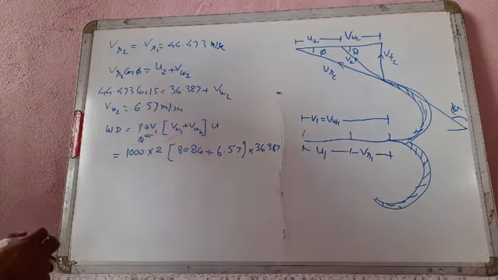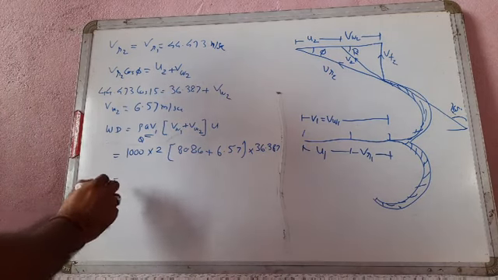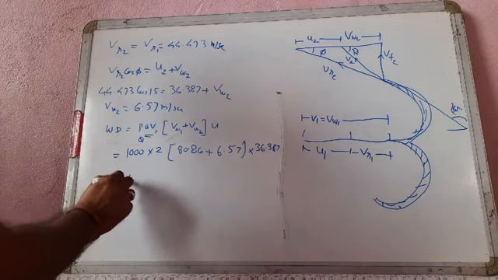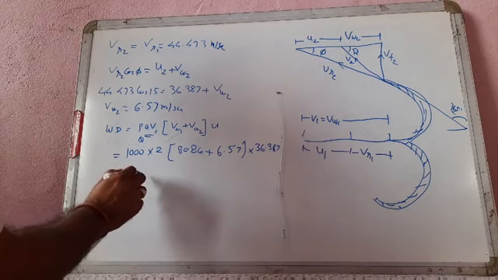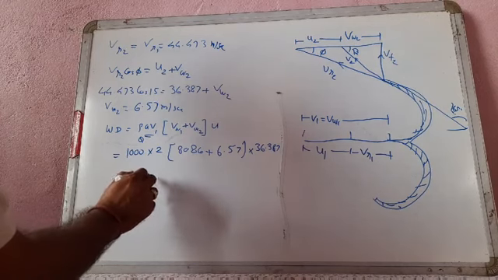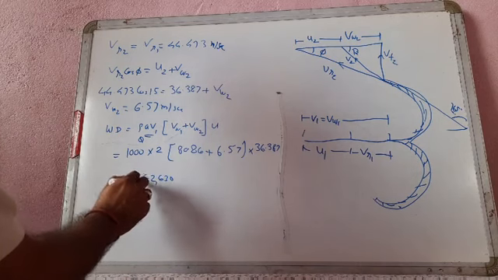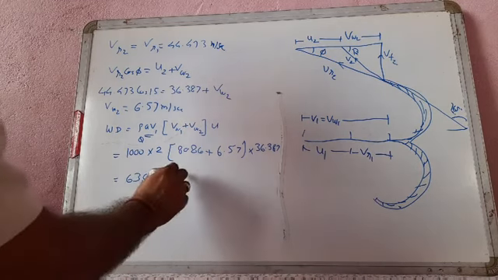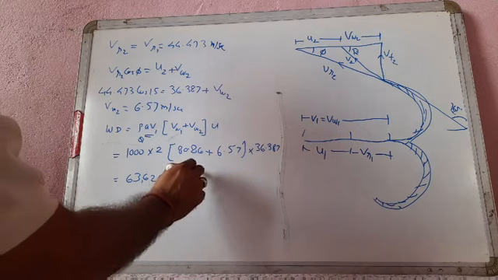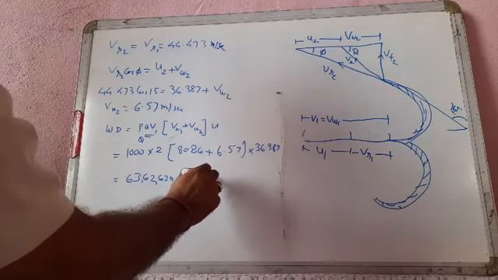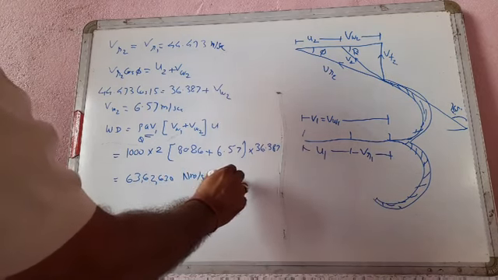The value of work done comes 6362630 Newton meter per second, or this can be watt.